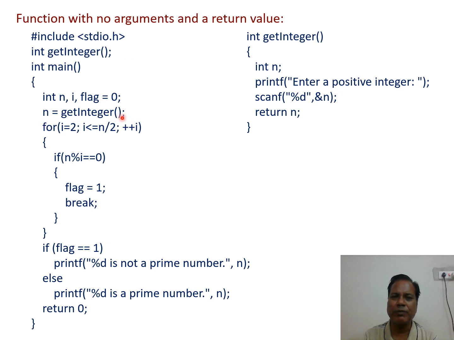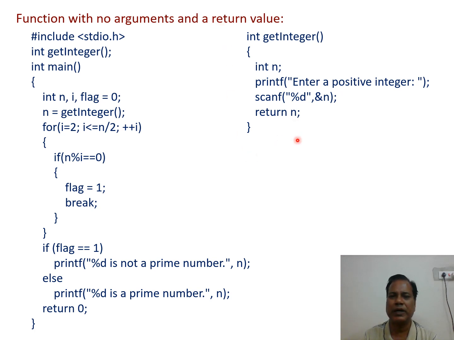In this example we see that we call the function, and while calling the function using this statement, we are not passing any value. When this function is called, it returns a value to the calling function, and that's why this category of function is a function with no arguments and a return value.